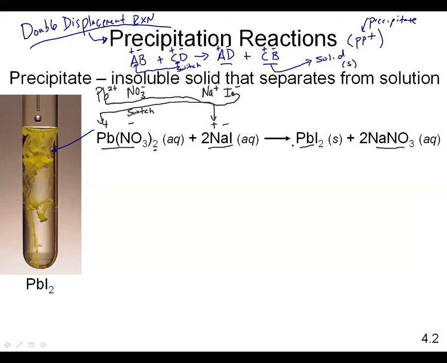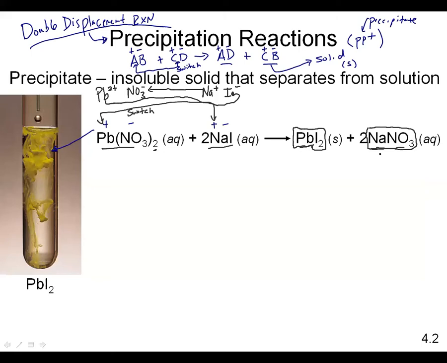And that is how we get to the correct formula that we see over here. We need 2 I's to balance out that +2 charge. Same thing when we take our sodium, which is +1, and put it together with our nitrate, which is -1. We just need one of each of these. And if we put it together, it again will look just like this.